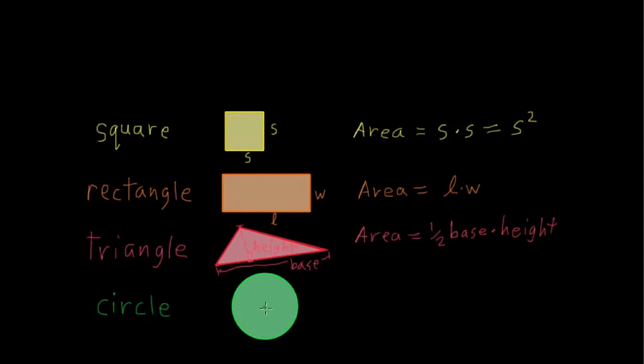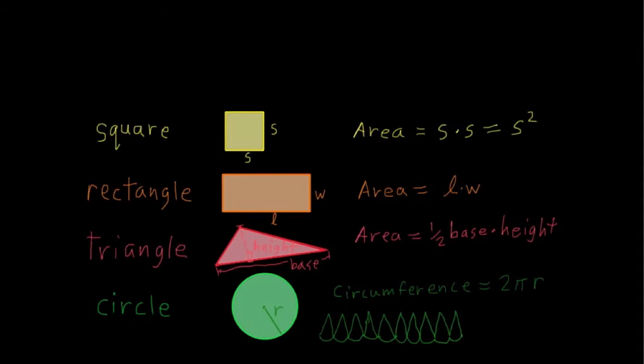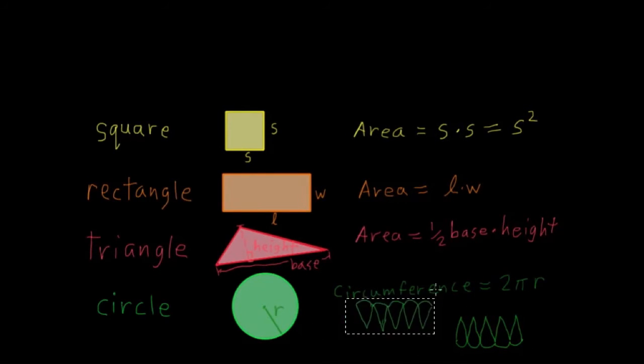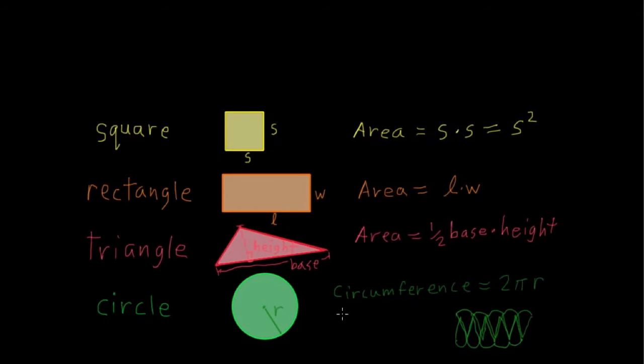For the circle, we can find the area using what we already know about the circumference, using a method that was introduced by Archimedes over 2,200 years ago. Imagine chopping our circle with radius r up into a large even number of pie-shaped wedges, and then putting all the pieces side by side in an alternating pattern that looks like a rectangle, so that the circle's circumference is divided equally into the top and bottom edges.